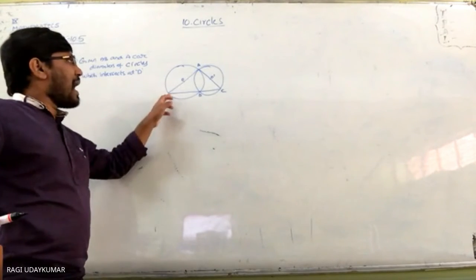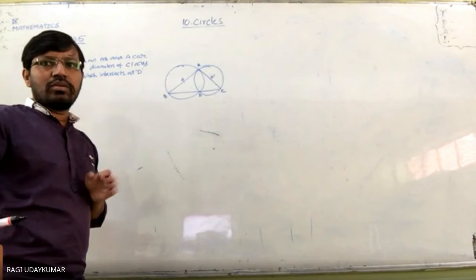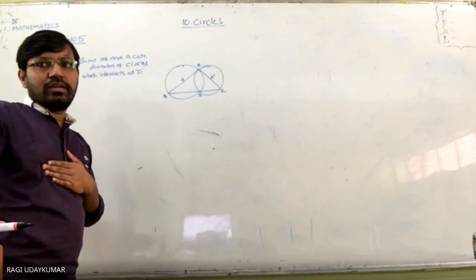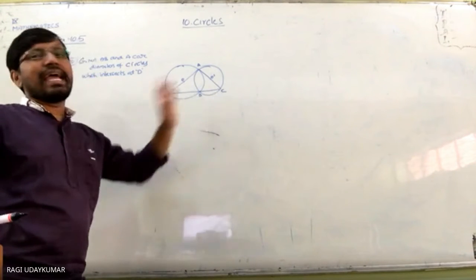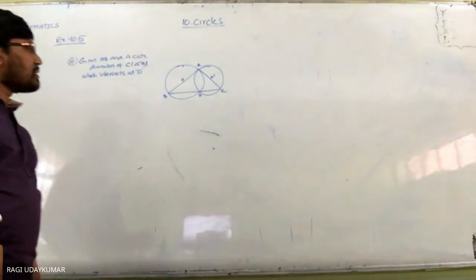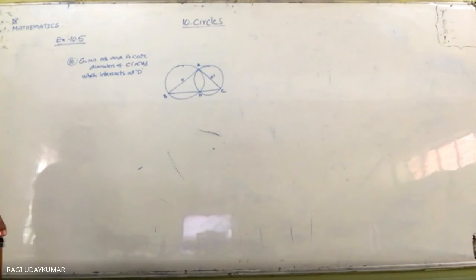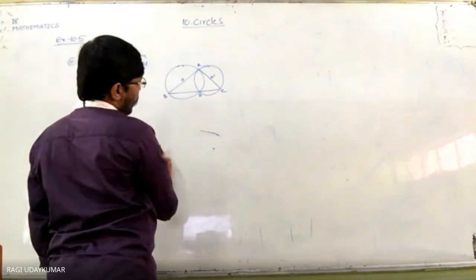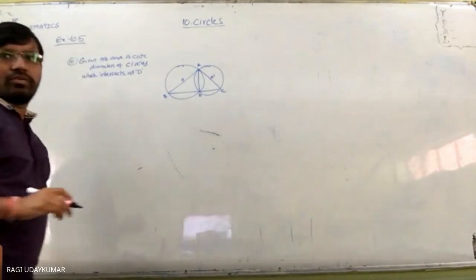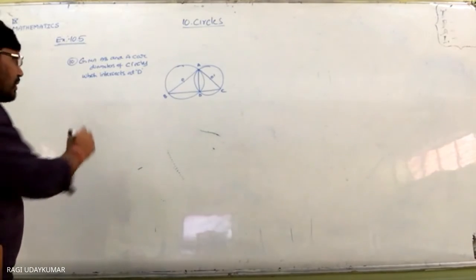So that is nothing but angle DBC is equal to... We need to prove that it is a straight angle. Okay, so now for this, you join A to D, AD.